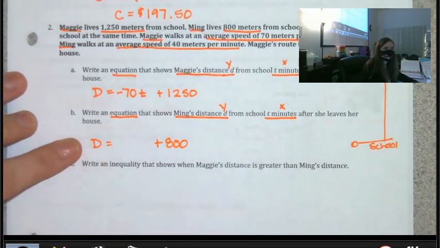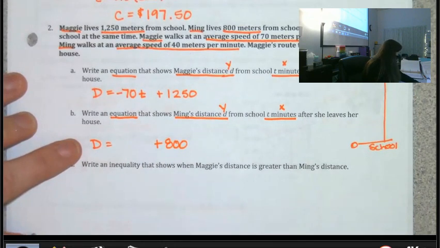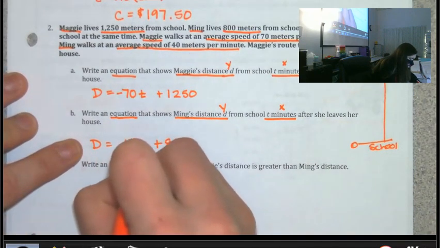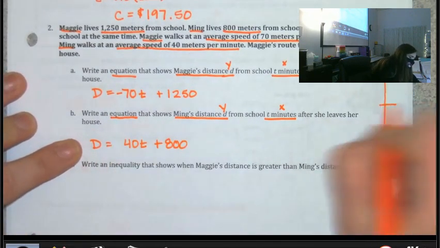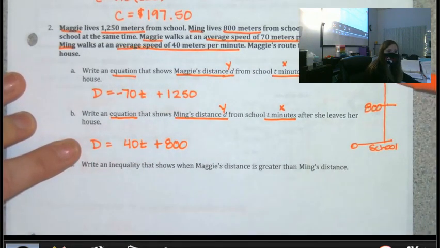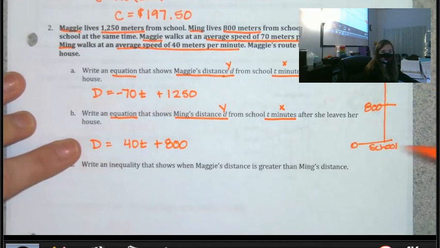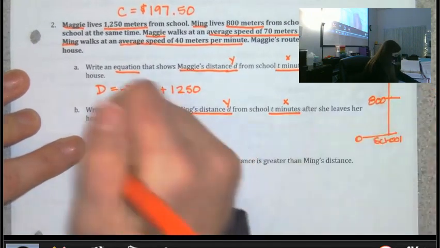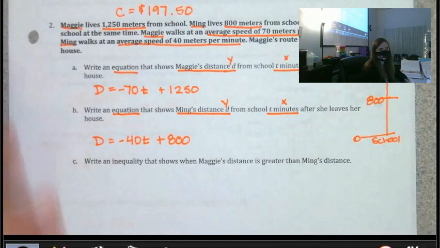And what is Ming's average speed? 40 meters per minute, right? So 40t. So if Ming is right here at 800, do I need to add the 40 or take the 40 away to get to 0? Take it away. So that needs to be a negative.